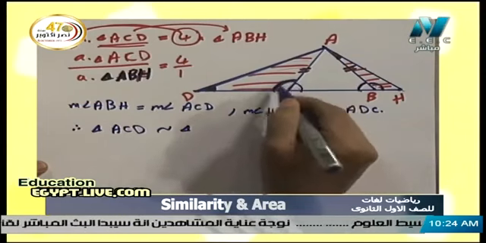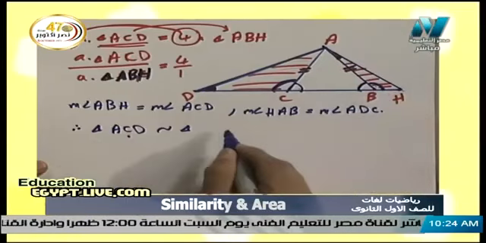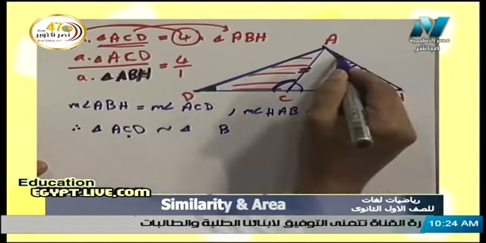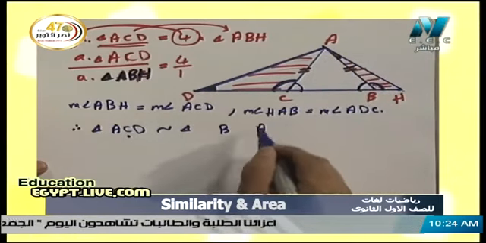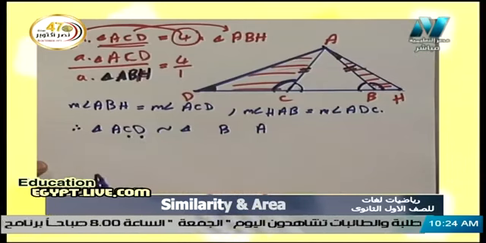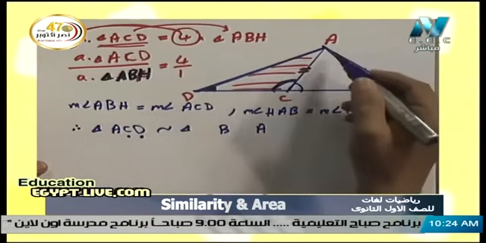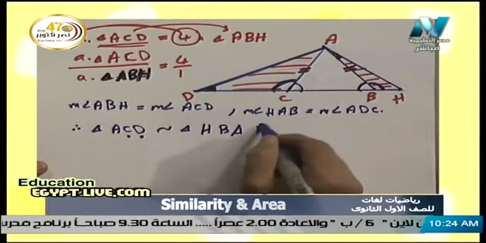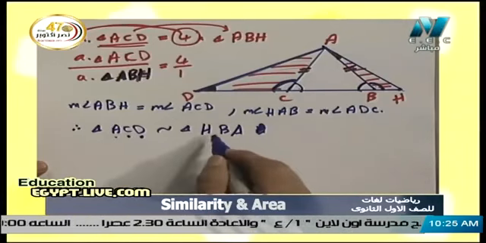We know that the angle here on C equals the angle here on B, so C corresponds to B, and we know also that the angle A in the second one is equal to D, so A here corresponds to D. And we have the triangle ACD and this triangle HBA. So the triangle ACD is similar to triangle HBA.